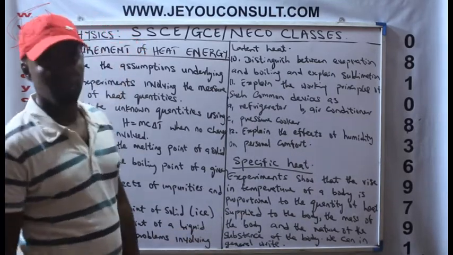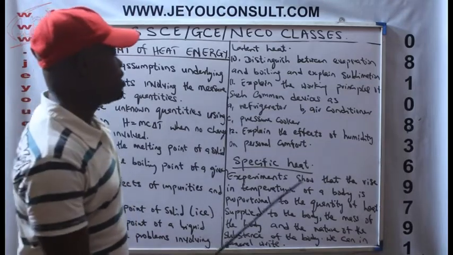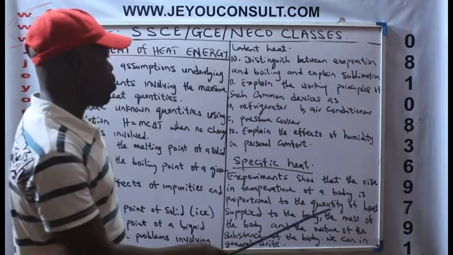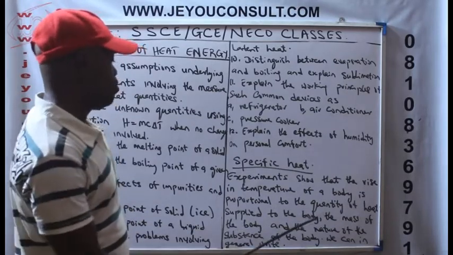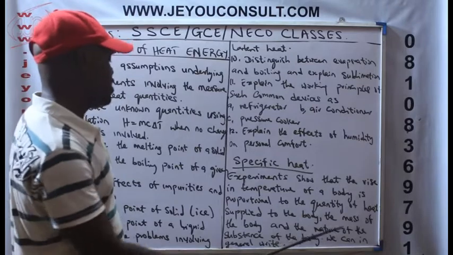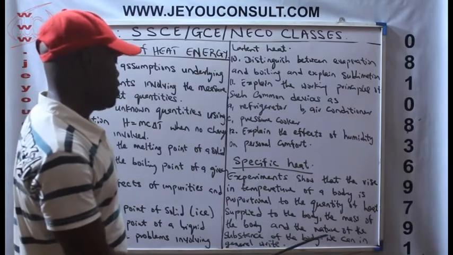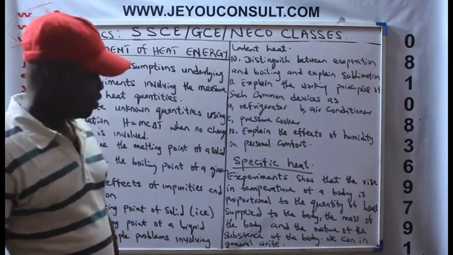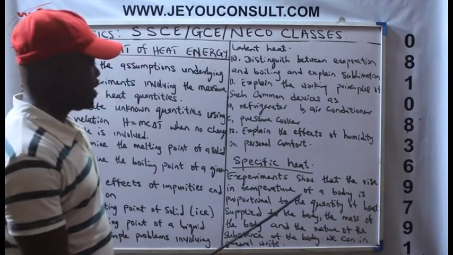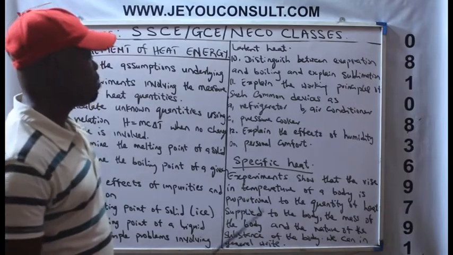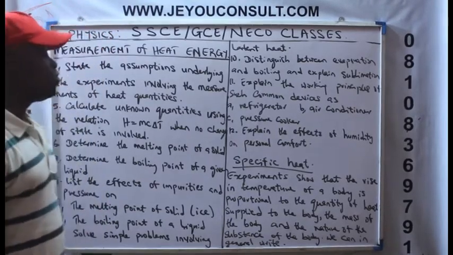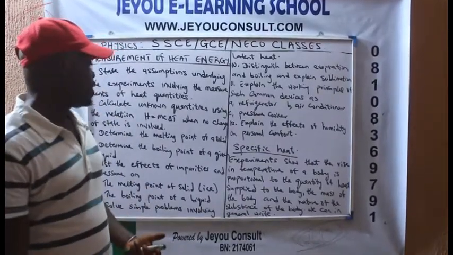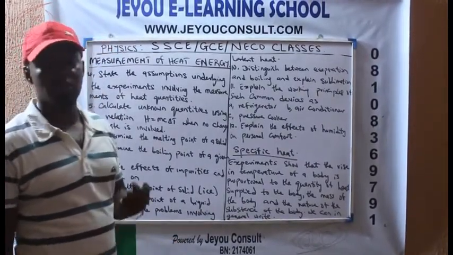Now we'll move into specific heat. Experiments show that the rise in temperature of a body is proportional to the quantity of heat supplied to the body, the mass of the body, and the nature of the substance of the body. The rise in temperature is proportional to the quantity of heat being supplied.